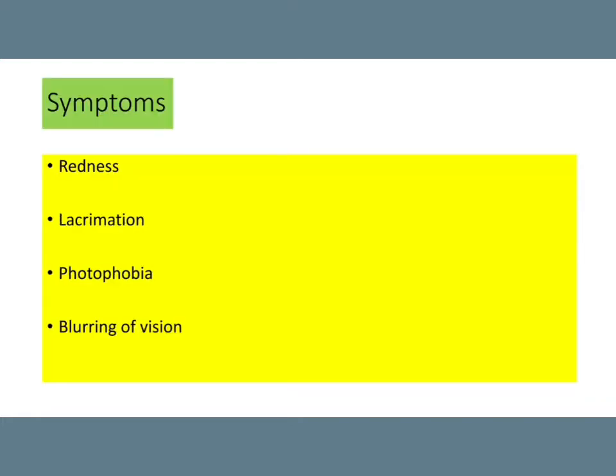So what are the symptoms of herpes simplex virus infection? Symptoms are redness, lacrimation, photophobia, and blurring of vision. The patient will complain of redness of the eye, lacrimation, photophobia, and blurring of vision. Take the history and note every detail properly, and don't forget to ask about history of fever or history of medicines, because HSV infection is mostly due to steroid medication intake or some ocular surface disease.